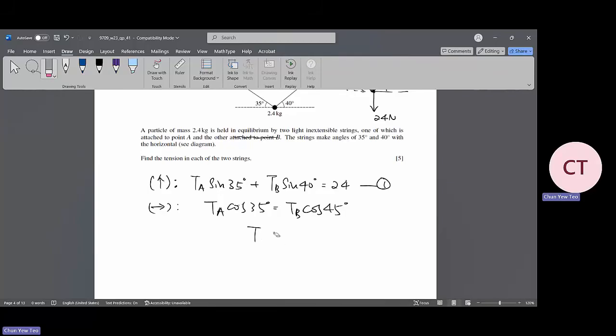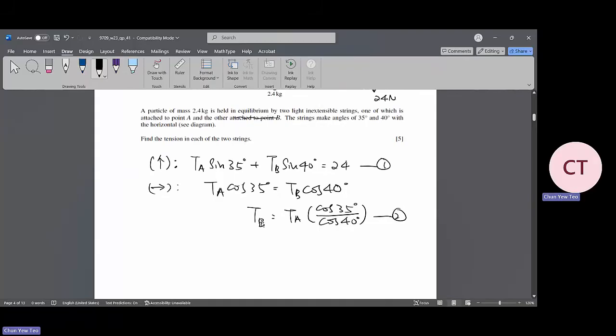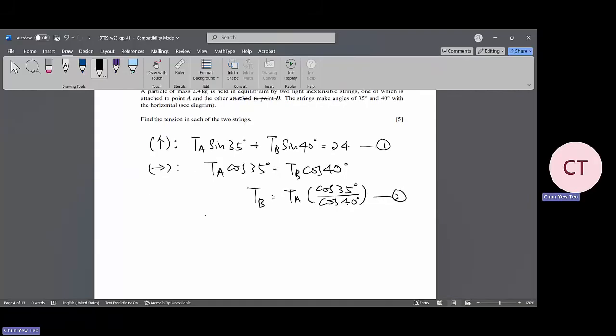So TB is equal to TA cos 35 divided by cos 40. I call this equation 2. Again, I don't plan to press the calculator for this value. It looks a bit troublesome, but I try to keep the value as accurate as possible.